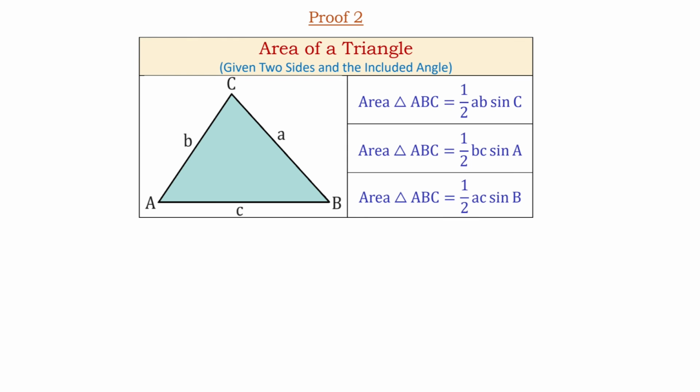For example, if in this triangle we are given two sides A and B and the angle C, then the area is 1/2 AB sine of angle C. If we are given the sides B and C and angle A, then the area is 1/2 times BC times sine of angle A. And if we are given the sides A and C and the angle B, then the area will be 1/2 AC sine of angle B.